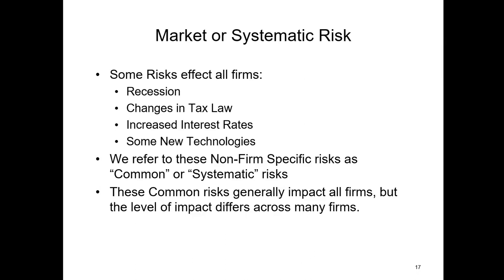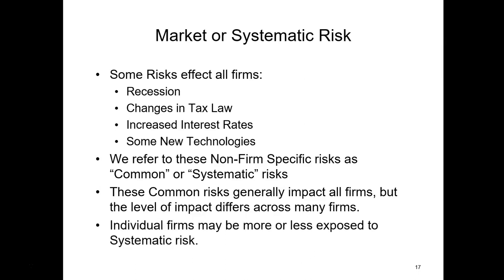I'll oftentimes refer to them as market risks, but these common risks generally impact all firms, but the level of the impact is going to differ depending on the firm, okay? So individual firms may be more or less exposed to these kinds of risks, okay? And that's going to be important to understand as well.